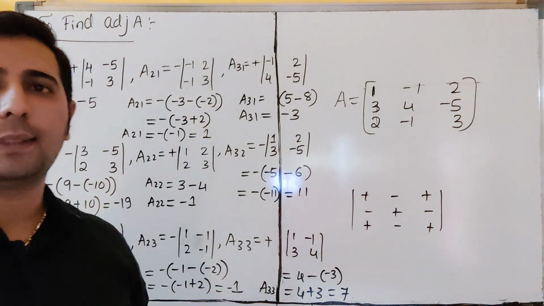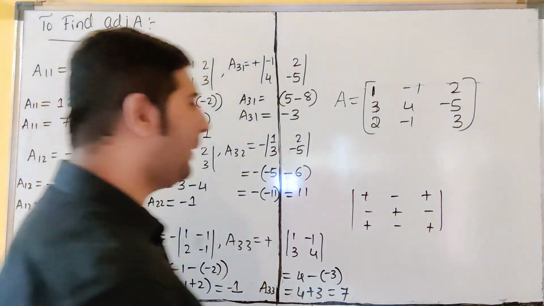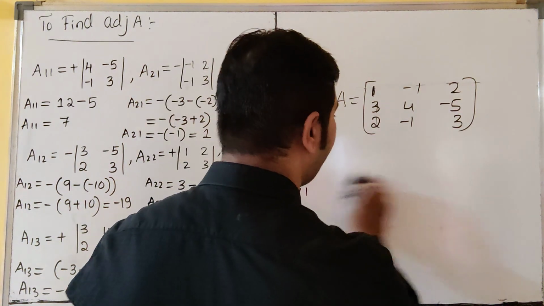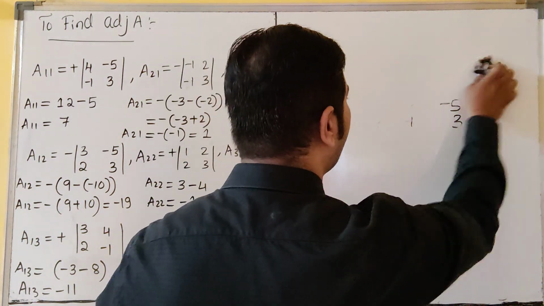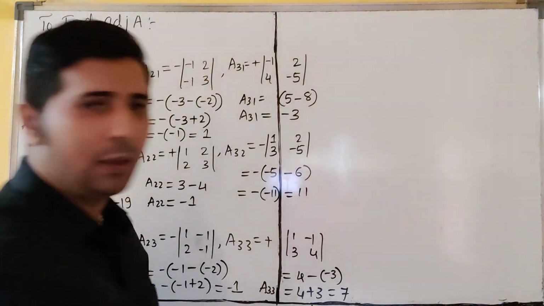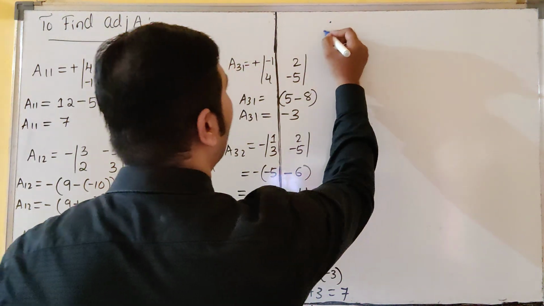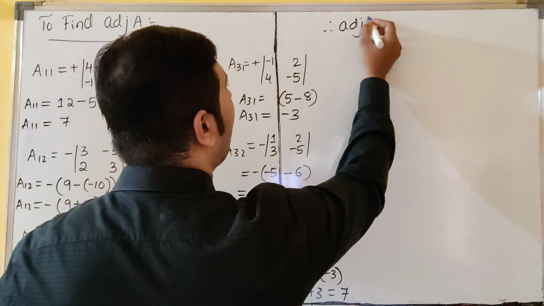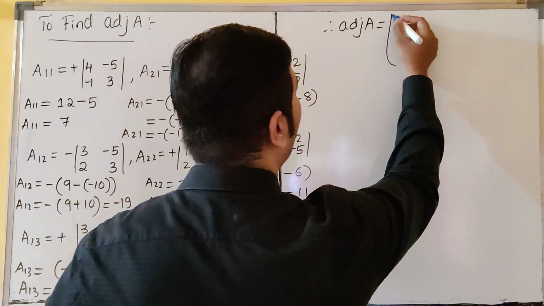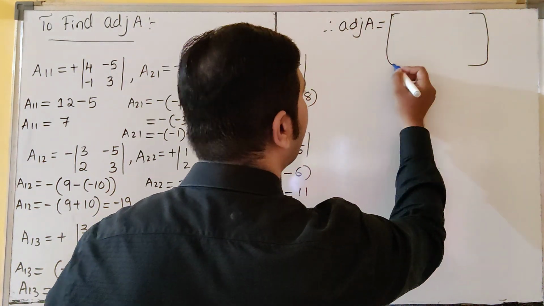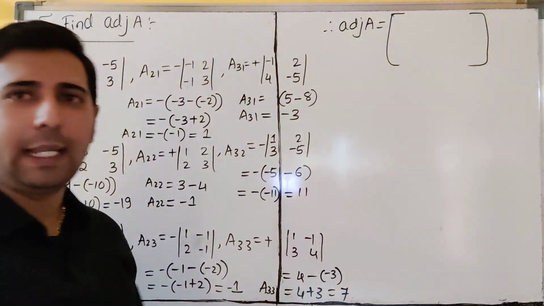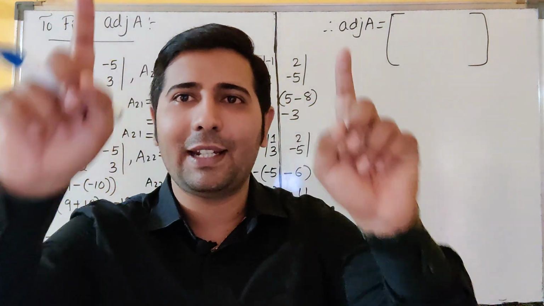I hope you have written this on your side. Please copy. Otherwise, this is not required. So now see how to find what? Adjoint of A. Adjoint of A, dear students. Therefore, see here, adjoint of A is nothing but, see, I am writing in matrix. Again I am writing in matrix, not in determinants.